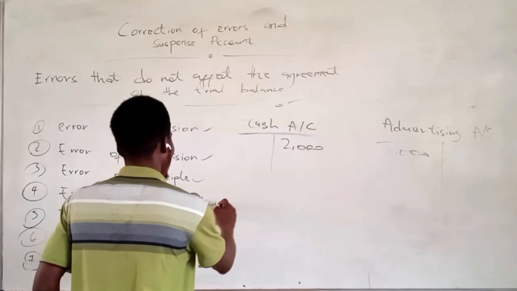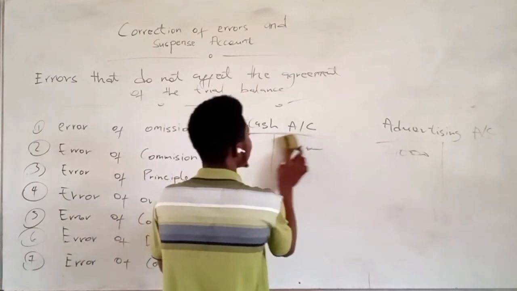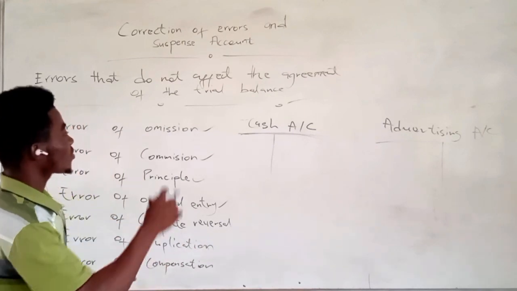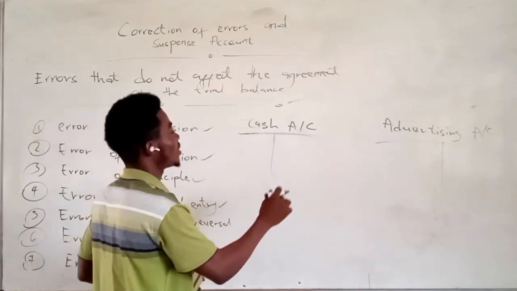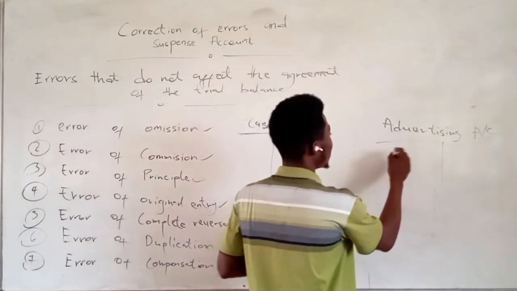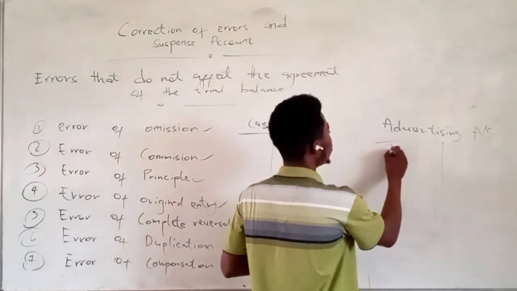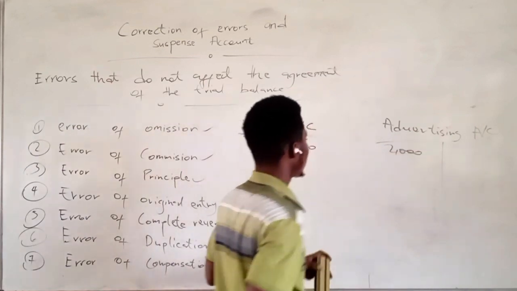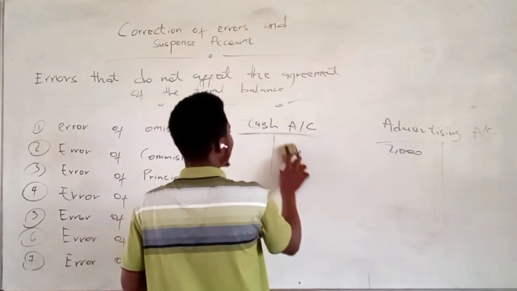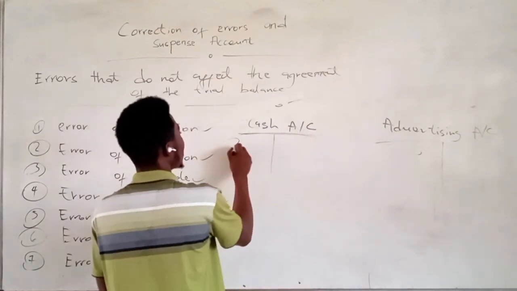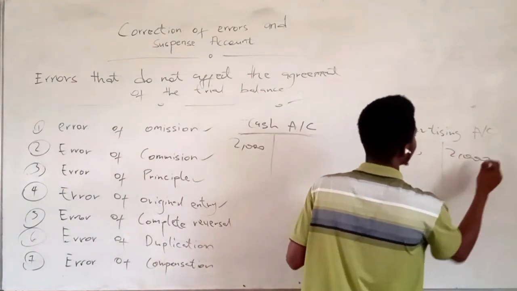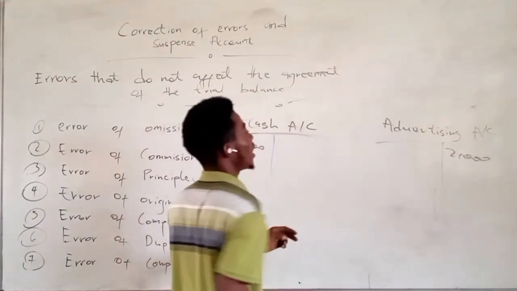Now let's go to the error of complete reversal. Let's say cash was to be credited with 2,000 and advertising debited with 2,000. But we didn't record it like this. We reversed it and wrote 2,000 at the debit side of the cash and 2,000 at the credit side of the advertising account.